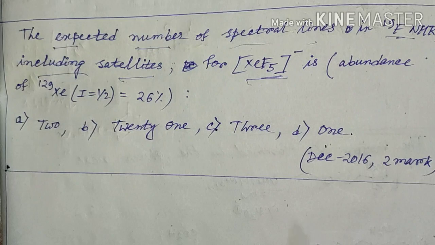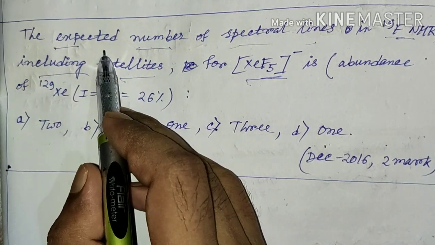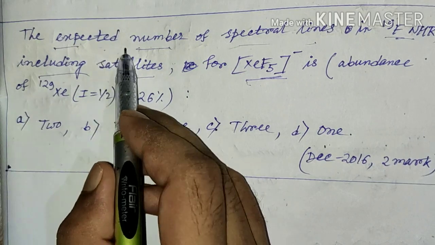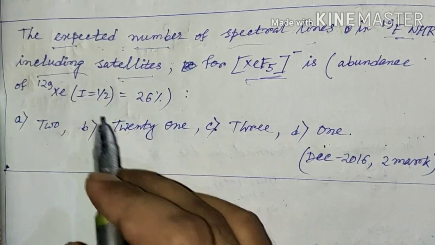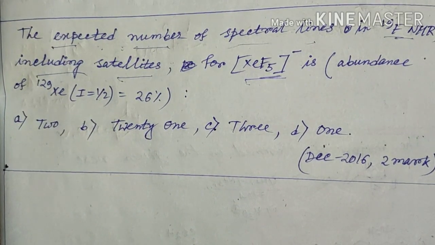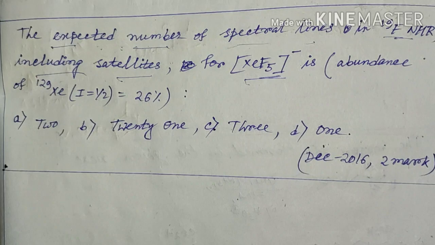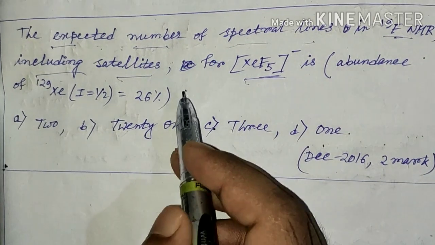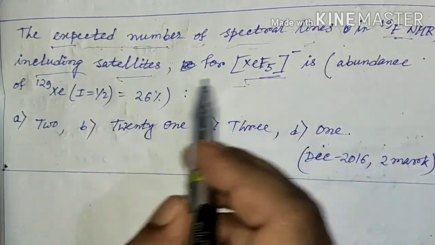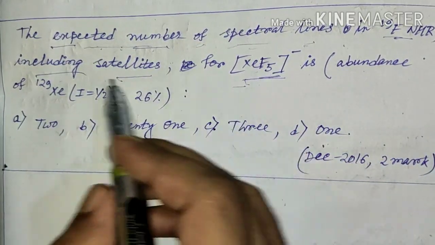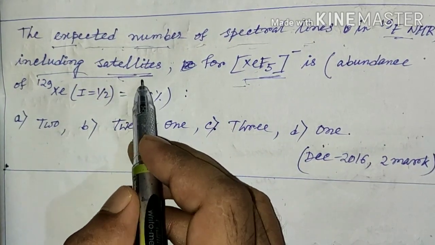It is slightly different from the previous question, because here it is asked for the total number of peaks including the satellite peaks, whereas previously it asked for the main peak associated with the satellite peaks. In the previous question we only had to tell about the major peak, and in this question it is asked for the total number of spectral lines in the fluorine NMR of this complex, including the satellite peaks.